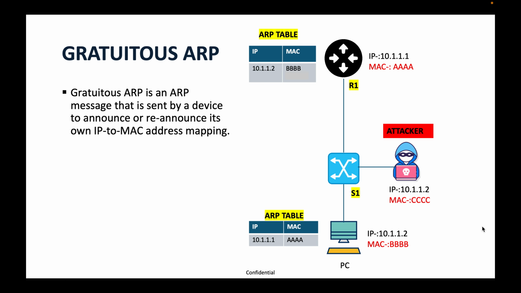For example, when a new IP is configured on a device, it sends a gratuitous ARP to update the ARP cache of other devices on the network with the new IP to MAC address mapping. Or I would say when a host changes its MAC address, it requests other hosts to update their ARP table by sending gratuitous ARP.